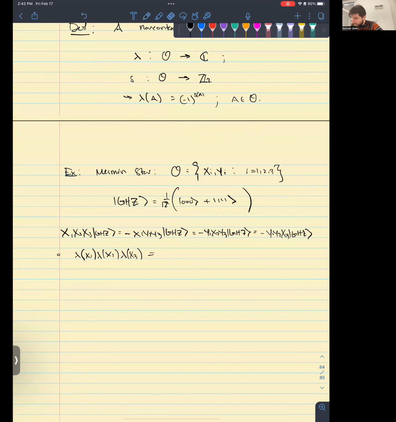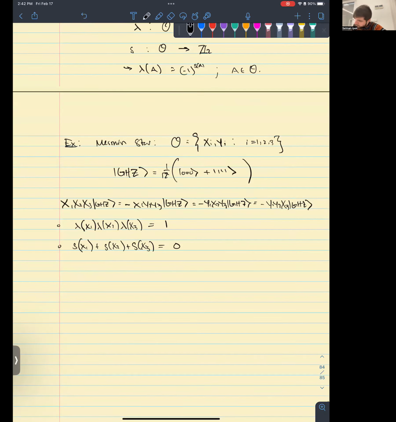This property says that the product will be equal to precisely 1. So I can write it like this, or equivalently, as the sum of the exponents: s of x1 plus s of x2 plus s of x3 is equal to 0, because (-1) to the 0 is equal to 1.